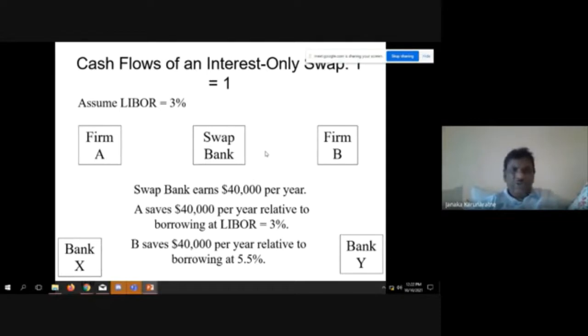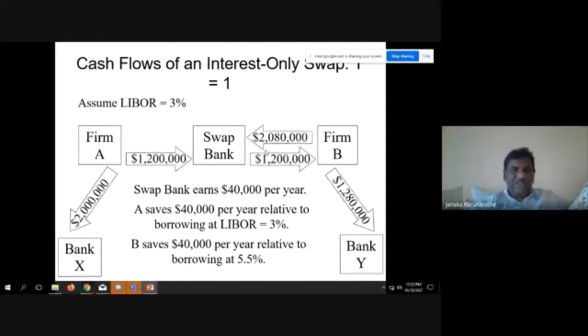So how does the structure work? If the LIBOR is 3%, firm A has to pay Bank X how much? 5%.